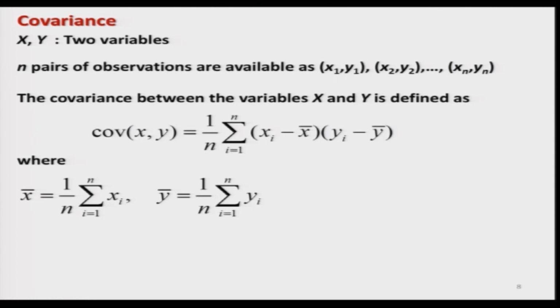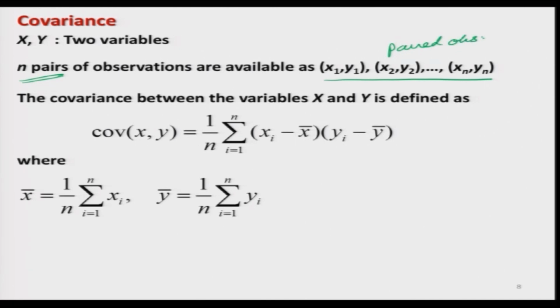Now the question here is, suppose you have some data sets. Suppose you have n pairs of observations like X1 Y1, X2 Y2, Xn Yn. These are your paired observations.